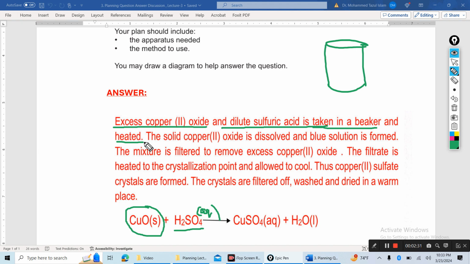First, excess copper(II) oxide and dilute sulfuric acid are taken in a beaker and you give heat.